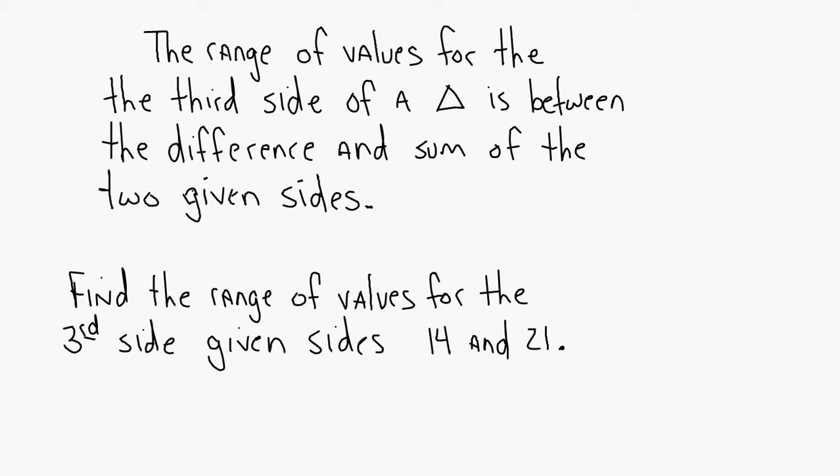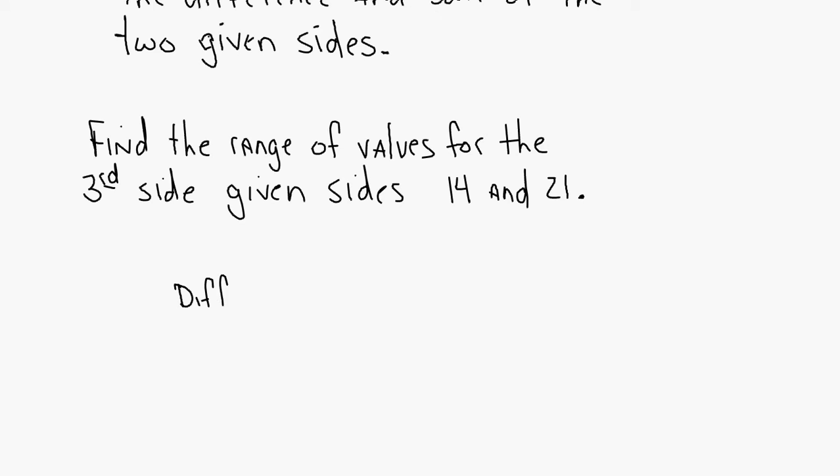They're asking you to list all the possible lengths that can be used for the third side of the triangle. This is real simple. You find the difference of the two values. What's 21 minus 14? That's 7. We're going to call the range x. And then you find the sum of the two given sides. 14 plus 21 is 35.